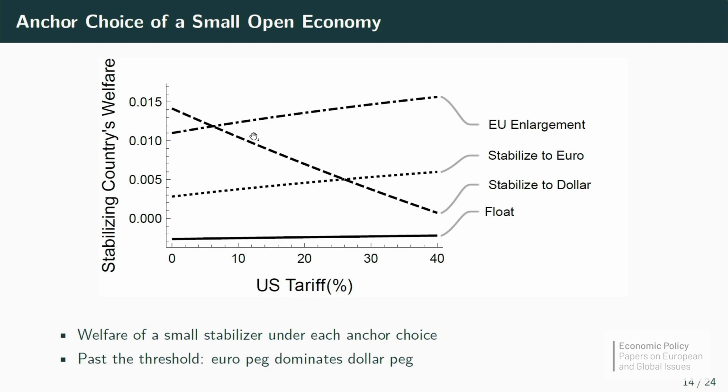The incentives to stabilize relative to the dollar decrease as the US imposes larger and larger tariffs, and so at some point you will want to switch over to stabilizing to the euro. And the larger the Eurozone can make itself, the stronger the incentives to stabilize to the euro, and this crossing over point becomes closer and closer to reality.